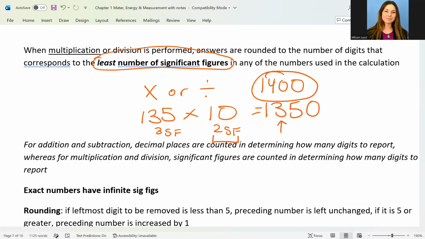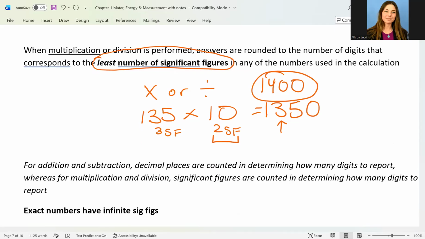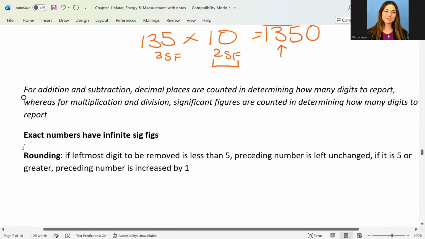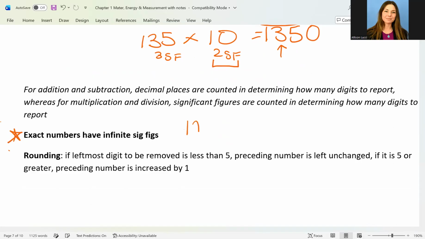So remember the difference between the number of sig figs in your starting values and the number that we report after our calculation. We should also note that exact numbers, exact values, have an infinite number of significant figures. So if there are 12 eggs in a dozen, it's going to be 12.000 to infinity.